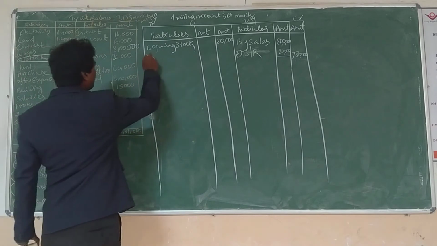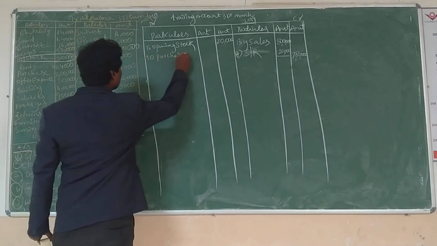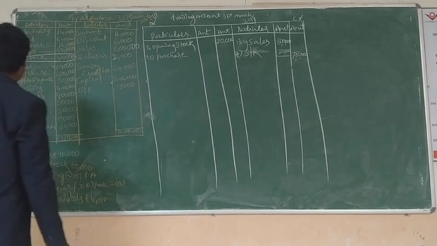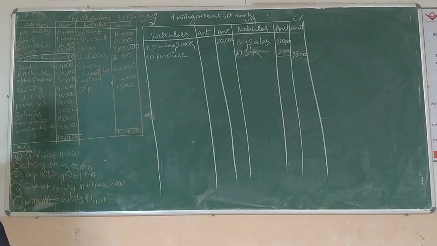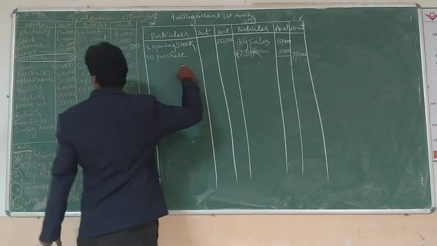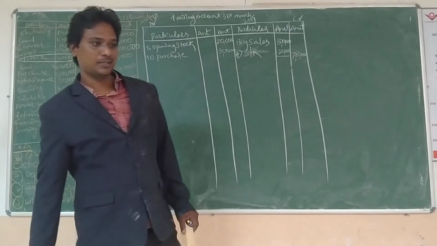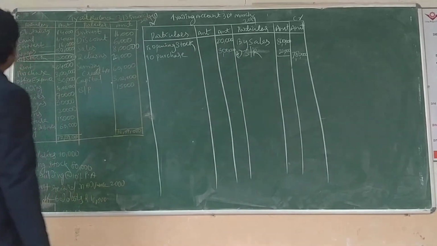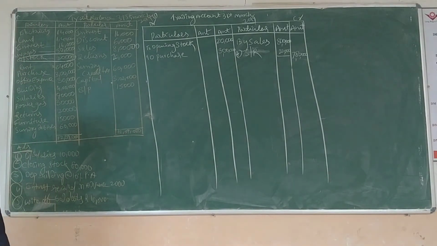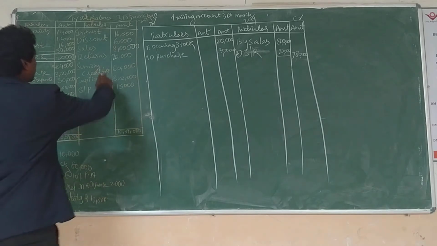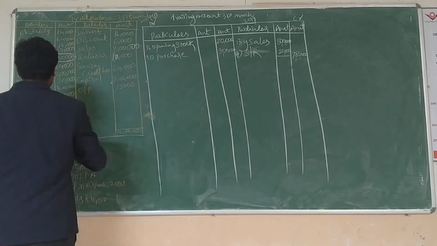Next, any purchases in this problem? Purchases are 3 lakhs. Now we check for purchase returns. Check the adjustments also. Purchase returns are 10,000, so 3 lakhs minus 10,000 gives 2 lakhs 90,000.